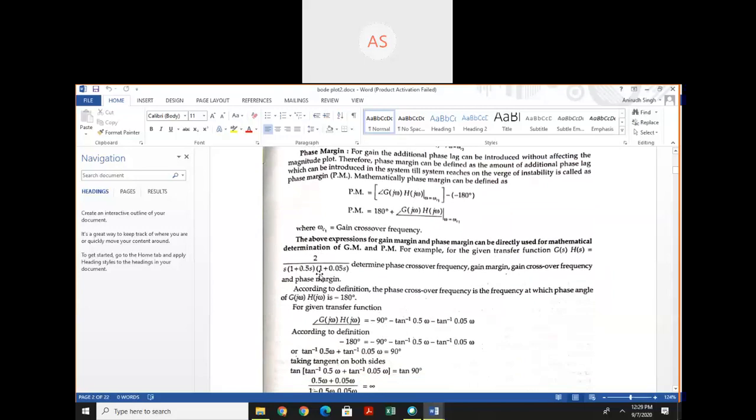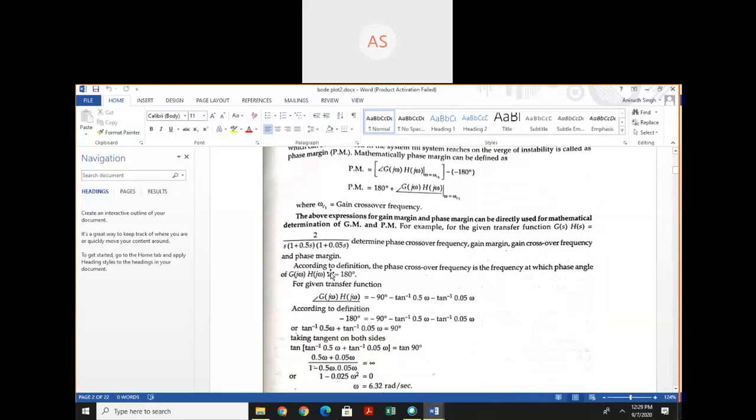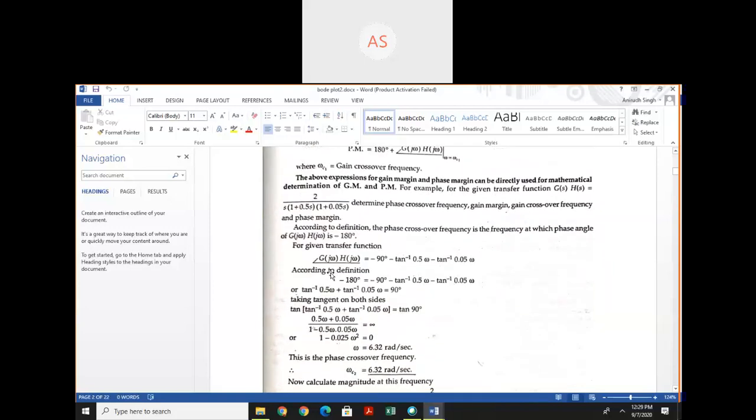Calculate the gain margin and phase margin of the transfer function given by this expression. Substitute s equal to jω, then calculate the angle of this transfer function.